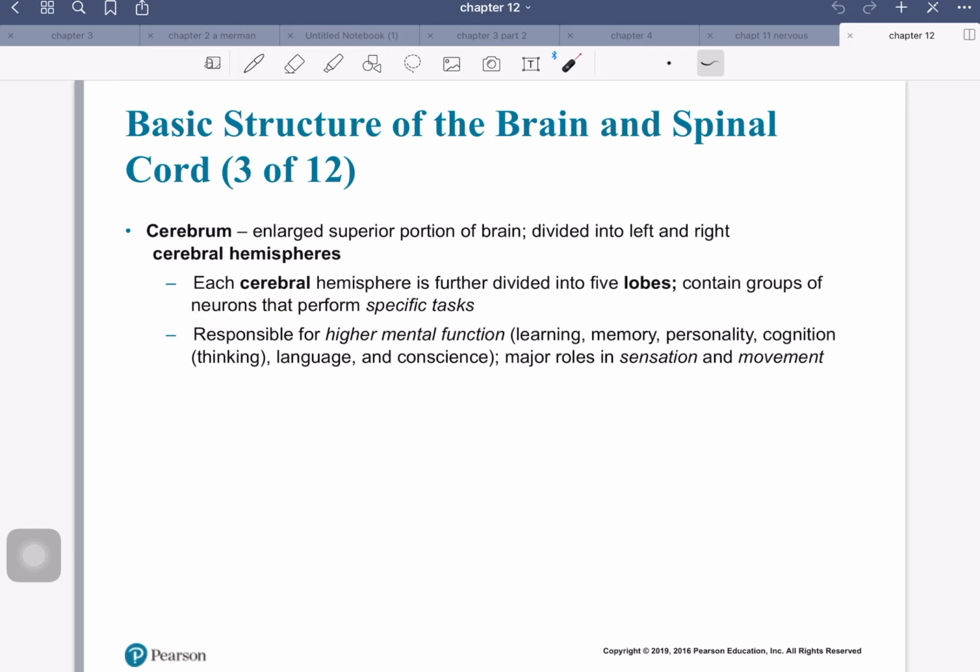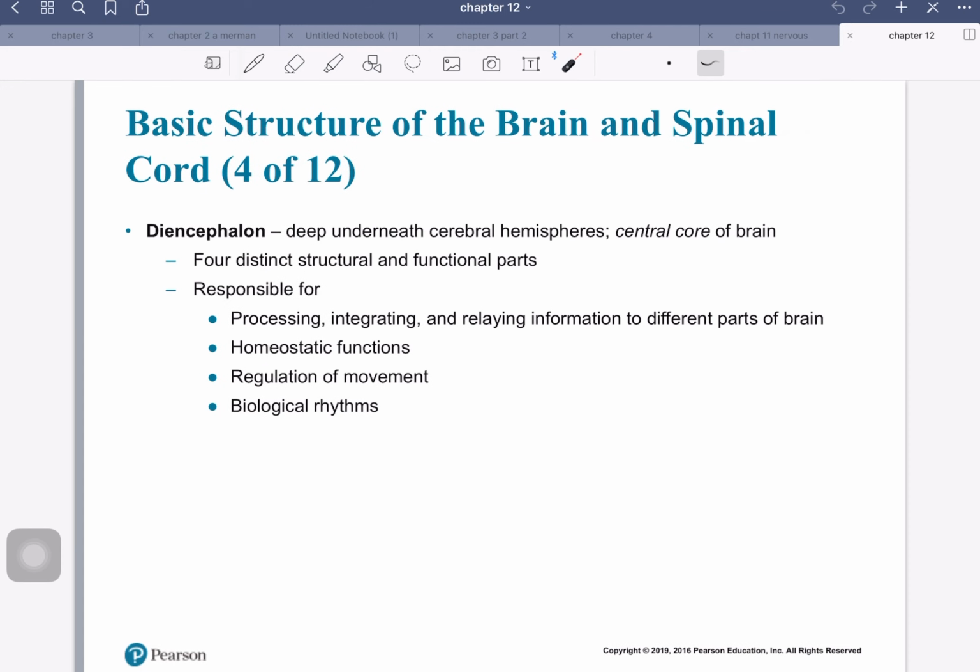And it really is responsible for the higher functions. It has a big role in learning, memory, personality, cognition, which is basically thinking, language, and consciousness. But it also has major roles in sensation and movement, interpreting sensory information, putting together motor game plans to actually have motion occur.